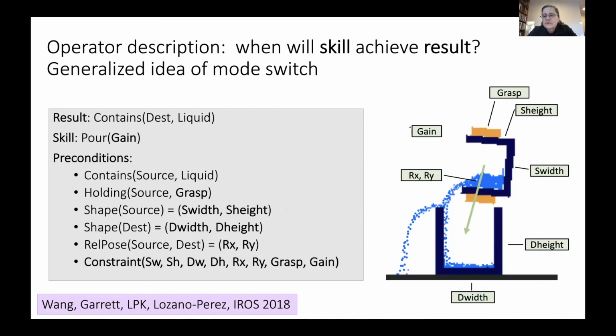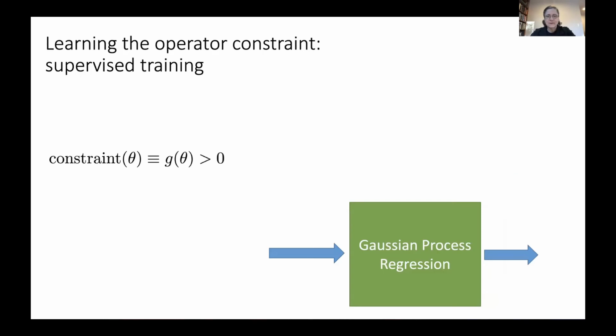And what we're interested in learning, because it's hard to anticipate, is a constraint that relates all of these continuous quantities: the shapes of the objects, their relative positions, maybe the gain parameter that we use in the pouring, and so on. There's some constraint on all these continuous parameters such that if that constraint is satisfied, the pouring will be successful. And the question is, what is that constraint?